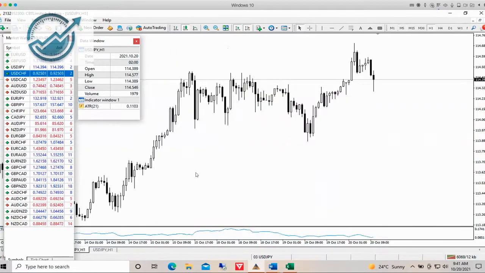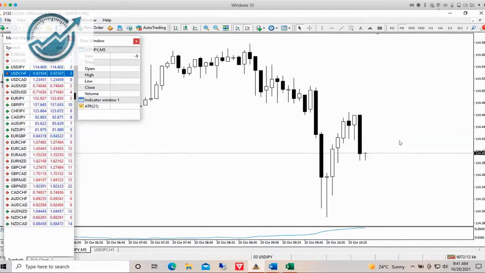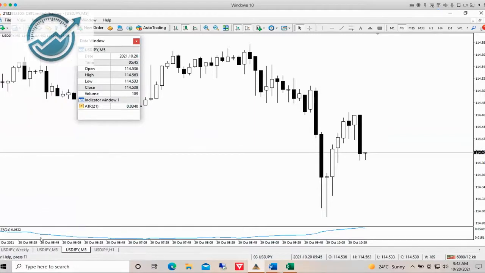I could actually even drop down to another chart, 5 minutes, and show that to you here. This candle ringed that high, definitely confirmed by that bearish impulse candle, no question about that. So yeah, that's quite an easy one to call on a single time frame.